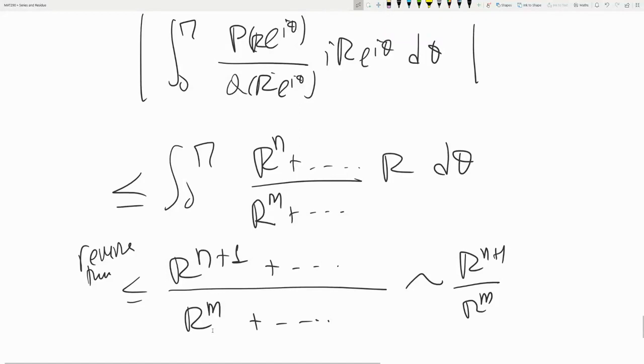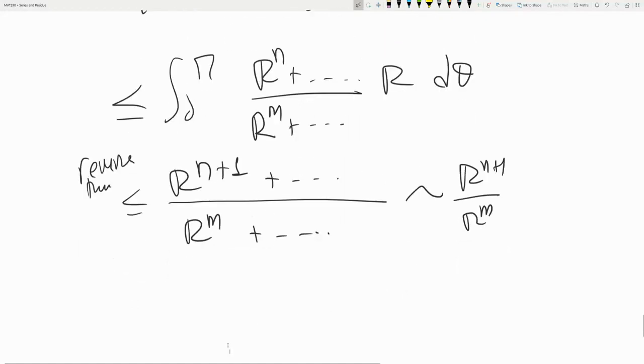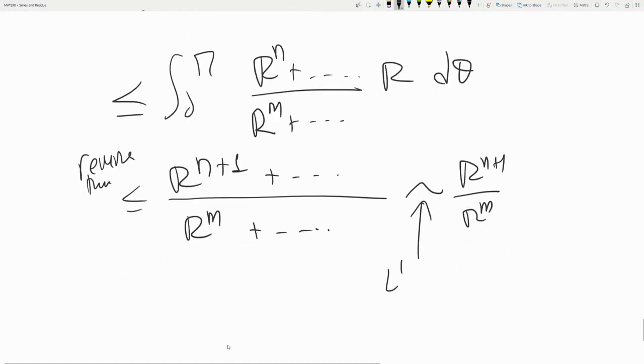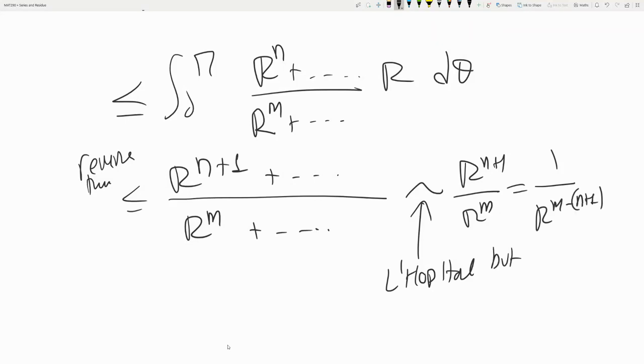So let me say that here. By L'Hopital, you can just look at the highest order. So you have R^{m-n+1}, but m is bigger or equal than n plus 2.